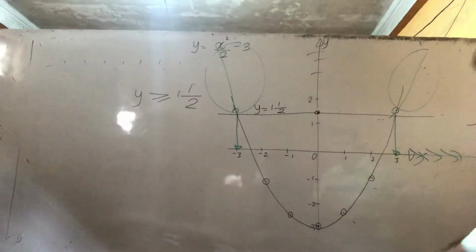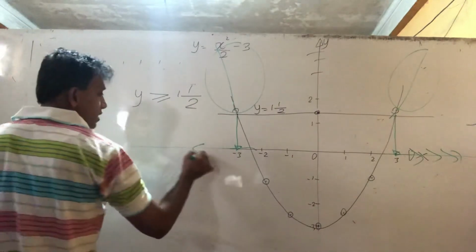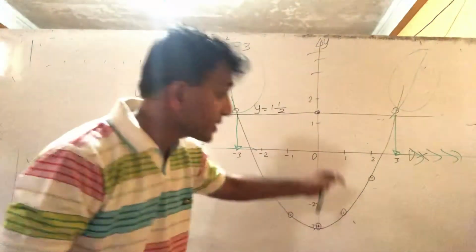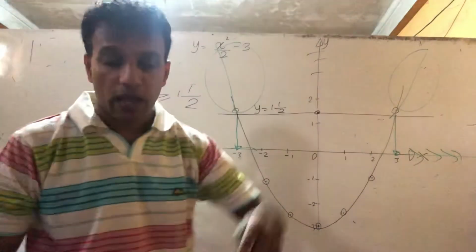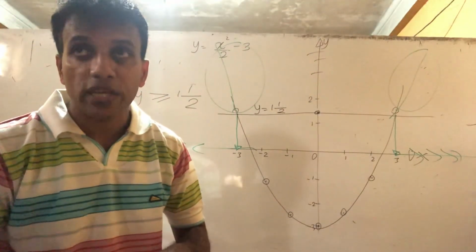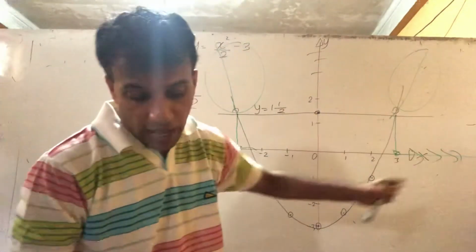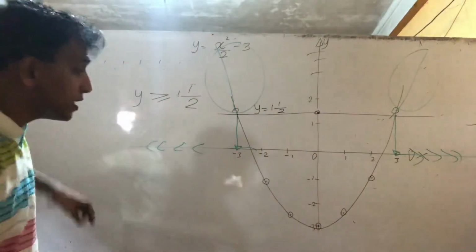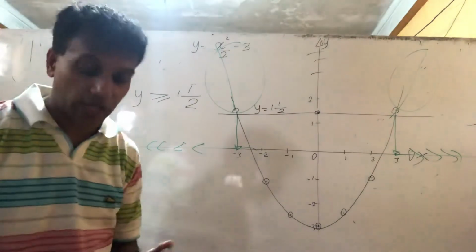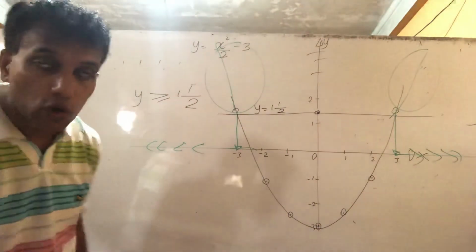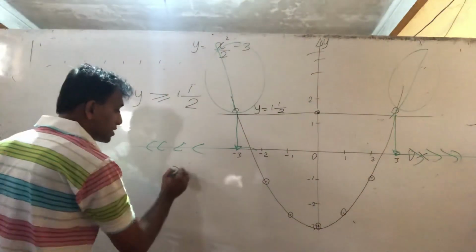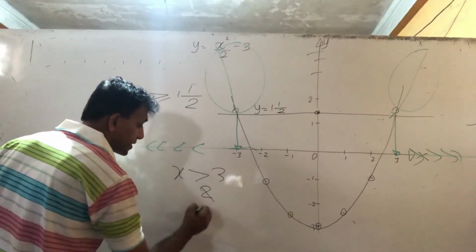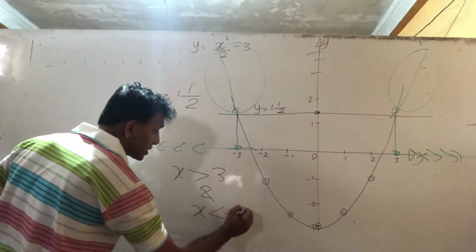X goes that side, here also x comes this side. So the answer is x greater than 3, that's increasing, or x smaller than minus 3. But usually we show it like this: x greater than 3 and x less than minus 3.